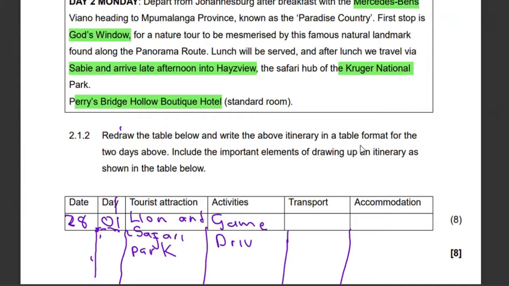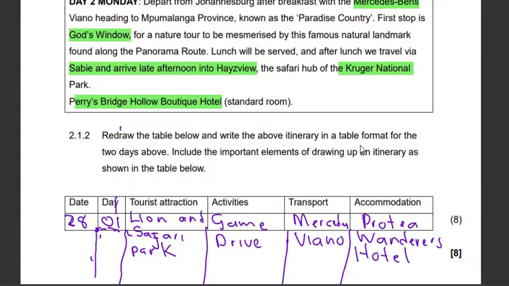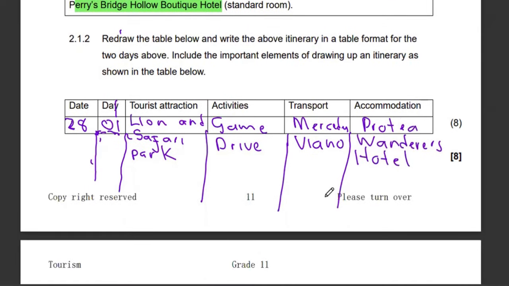Transport: they would make use of a Mercedes Viano. Then accommodation: they'll sleep at the Protea Wanderers Hotel. So that is day one.